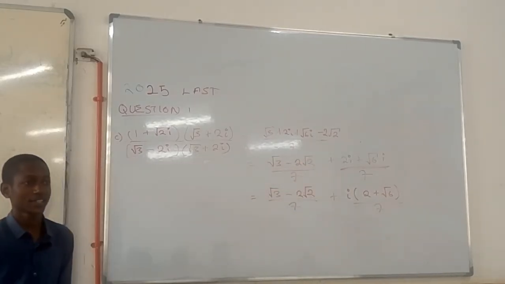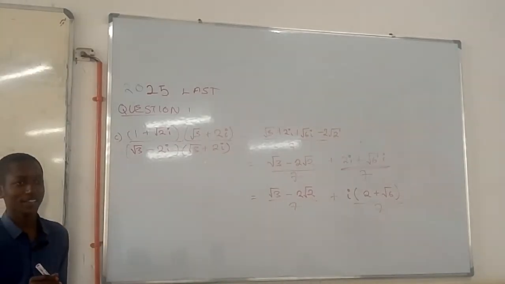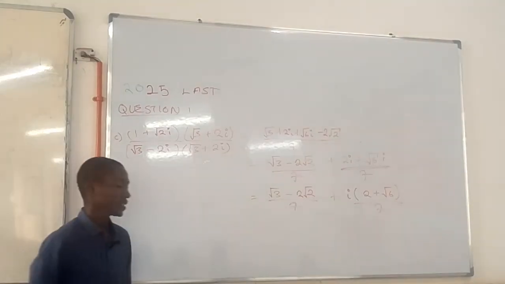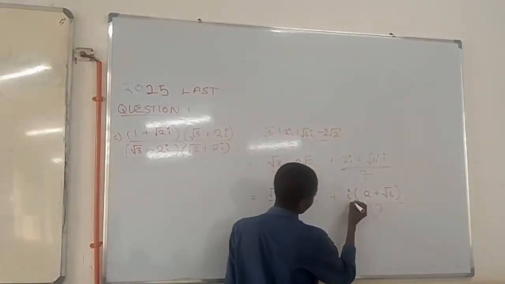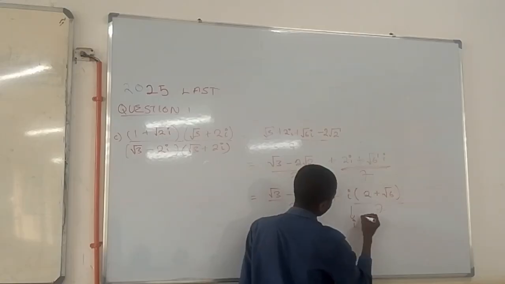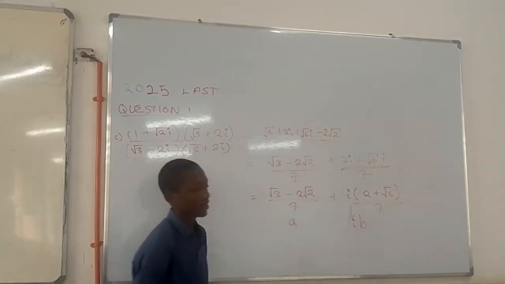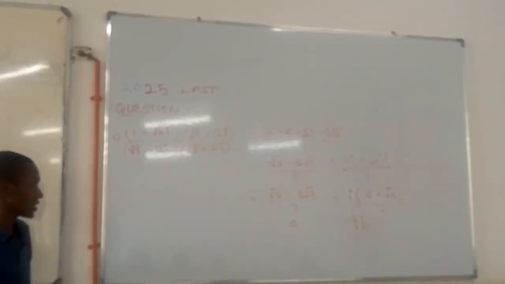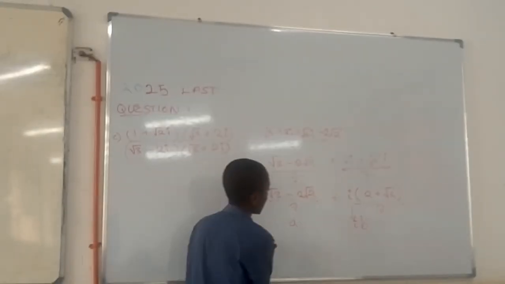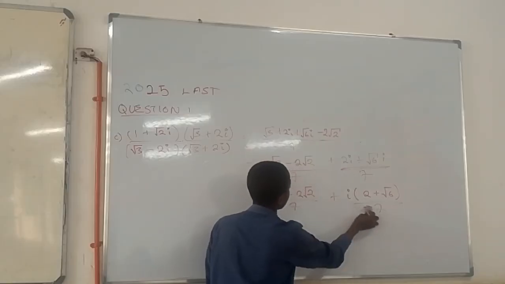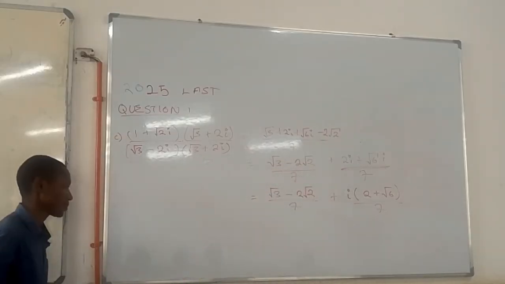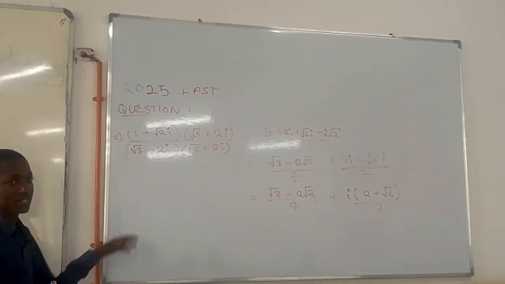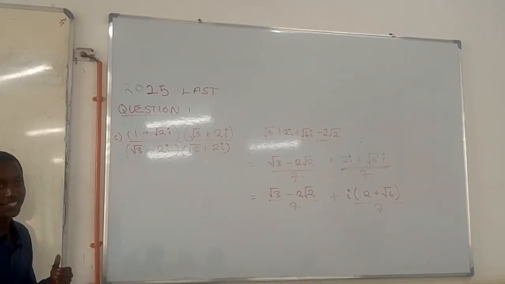Anyone lost? How I factored out the I? No one? So this is your A. This is your I here, and this is your B. So when you write it like that, you've expressed it in the form of what? A plus IB. So if you're to write a statement, you know the statement that you are supposed to put, right?